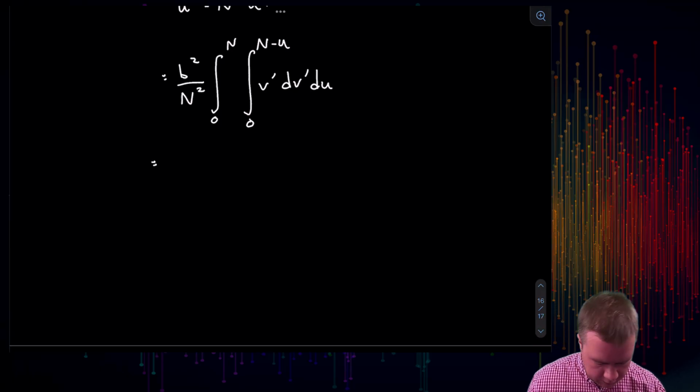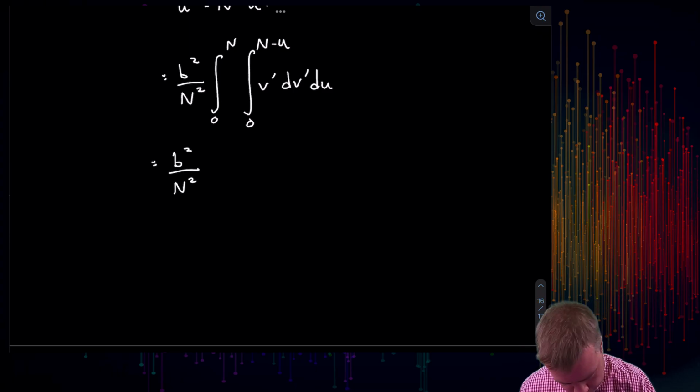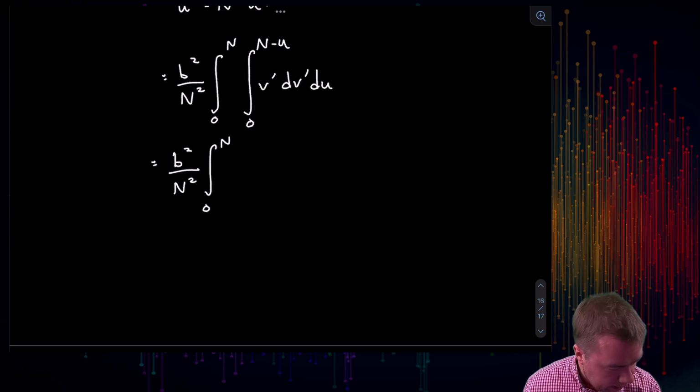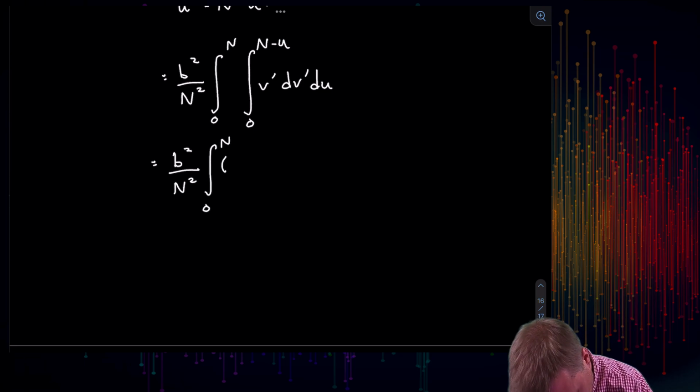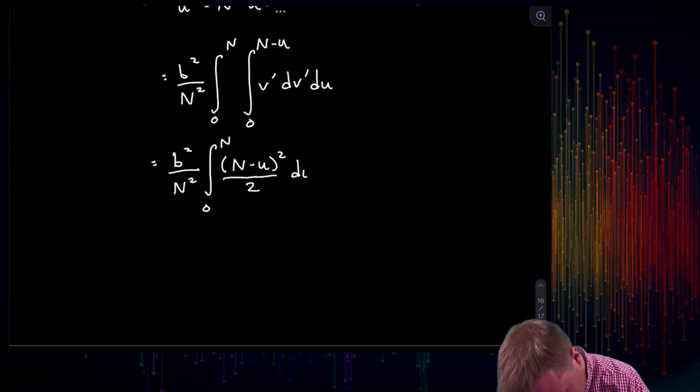And we do that integral, and so we get, let me check my notes, b squared over n squared, integral from 0 to n of n minus u squared divided by 2 du.